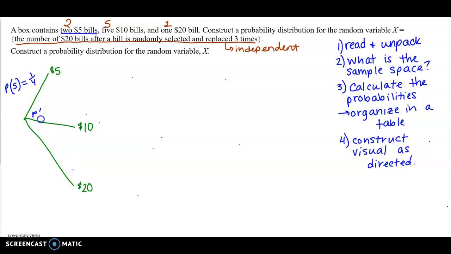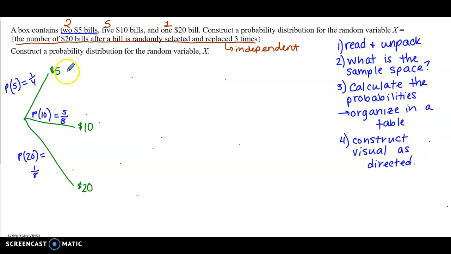A $10 bill is a 5 out of 8 chance, and a $20 bill is a 1 out of 8 chance. So 2 out of 8, 5 out of 8, 1 out of 8, which makes 8 out of 8. You want to make sure that these all add up to 100%.